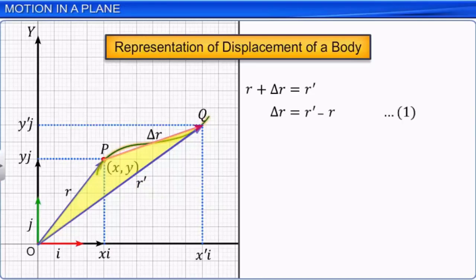We can write equation 1 in component form as delta r equals x dash i plus y dash j minus xi plus yj, which is equal to (x dash minus x) i plus (y dash minus y) j.